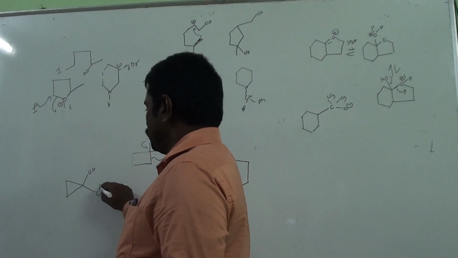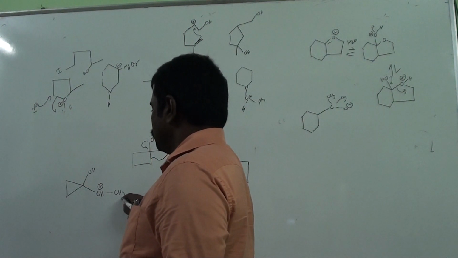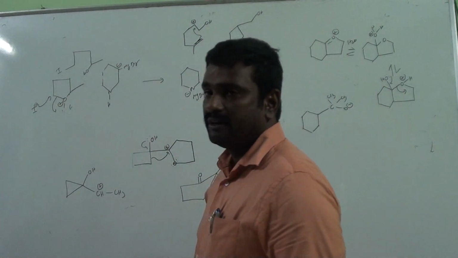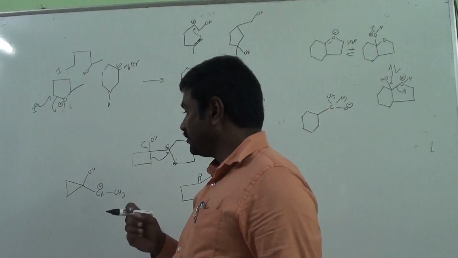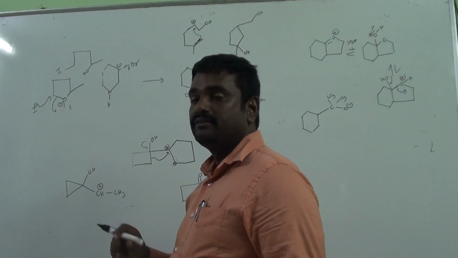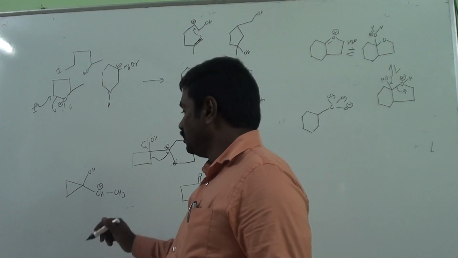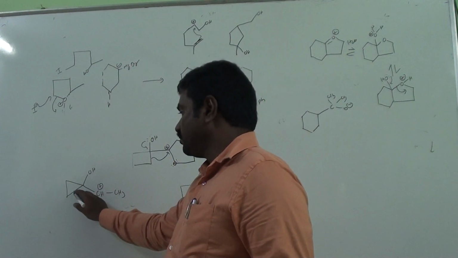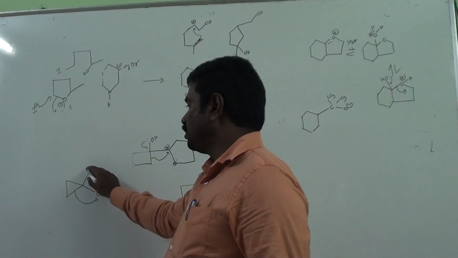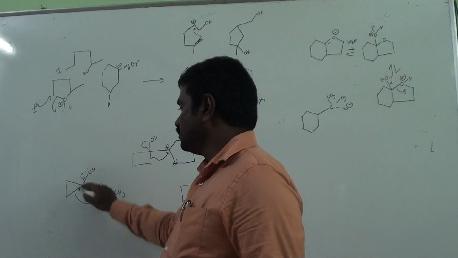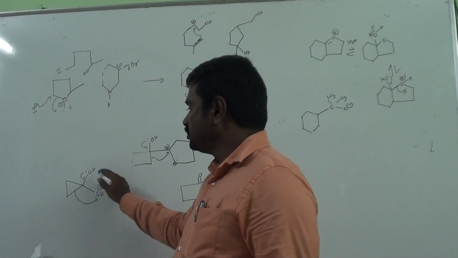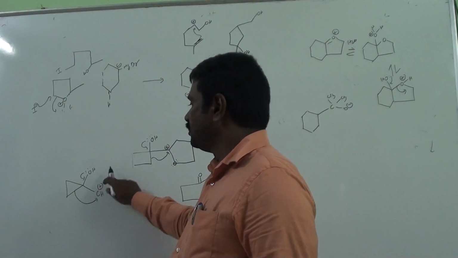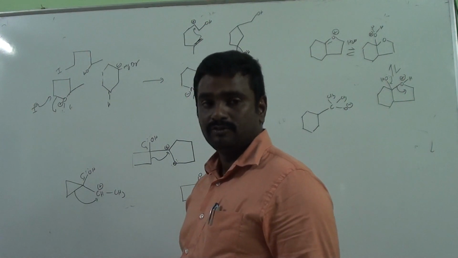So see here, the proton will add here. This itself is more stable, the bent orbital is there. But since the OH group is there, yes, ring expansion will support it. Anyway, relief you will be getting. This bent orbital support is there, but ring expansion is obviously favored by this oxygen alone. So that will be the major one. If OH is not there, water will attack right here, then finish.